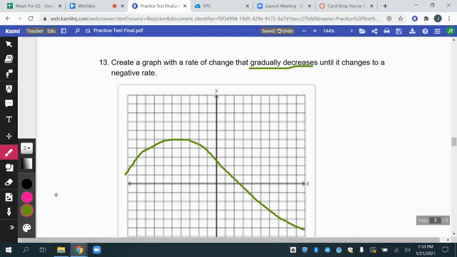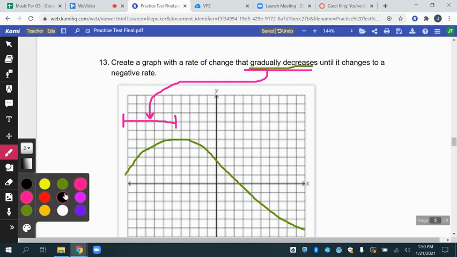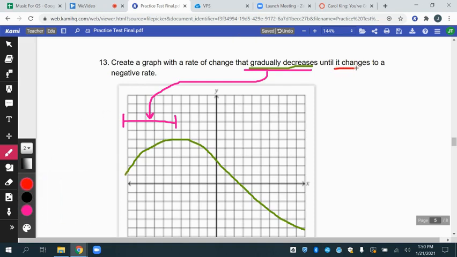But the point is, this gradually decreases during this section. It gets less and less steep until it eventually changes to a negative rate. Negative meaning the line is now going down.